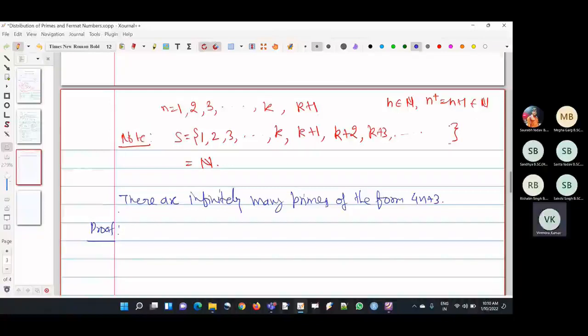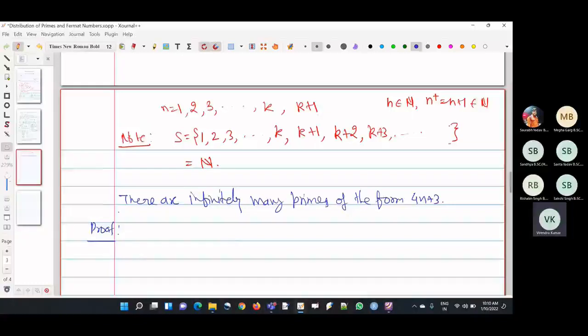Fine. 15 is odd, but non-prime. So these are the things. There were so many developments to determine whether a number of a particular form is prime or non-prime. So in this direction, there is this result which says that the numbers which are of the form 4n plus 3 are going to be prime.